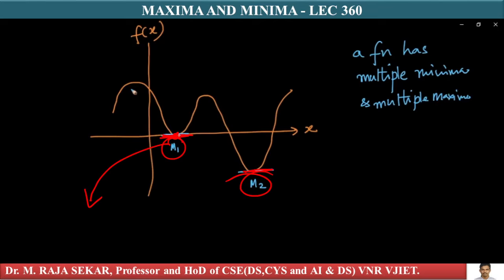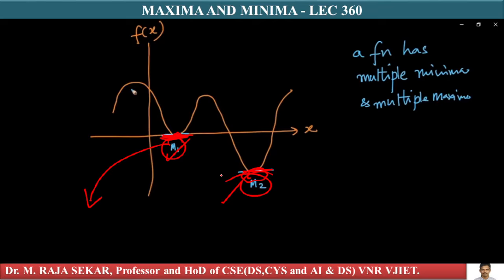This is minimum 1, and this is minimum 2. So you have two minimums. So it's possible that a function has multiple minima and multiple maxima.